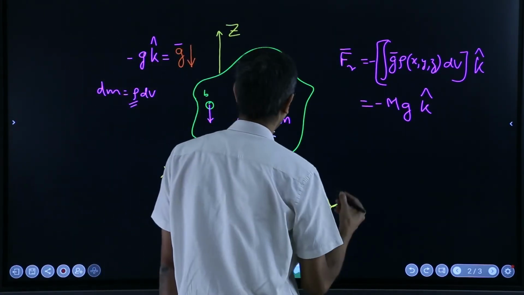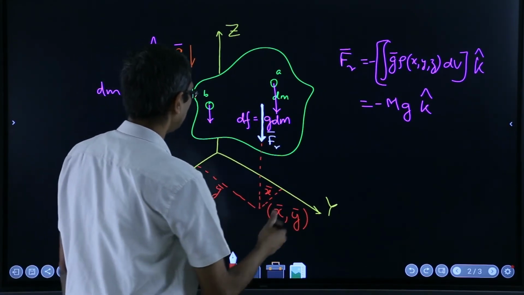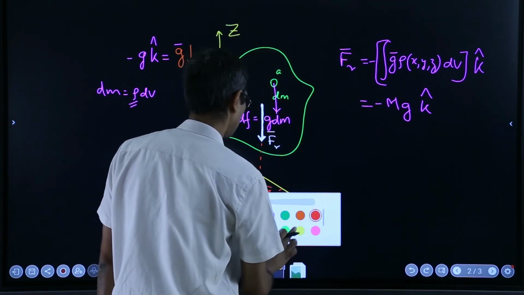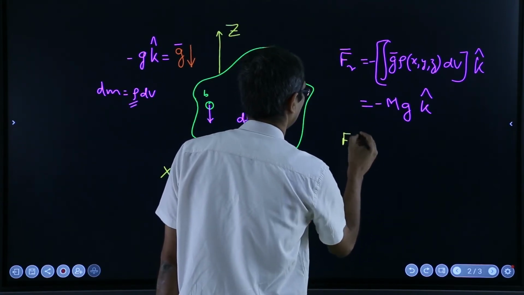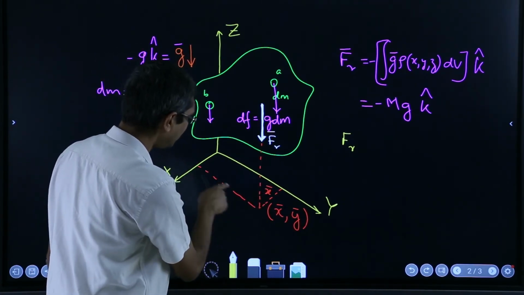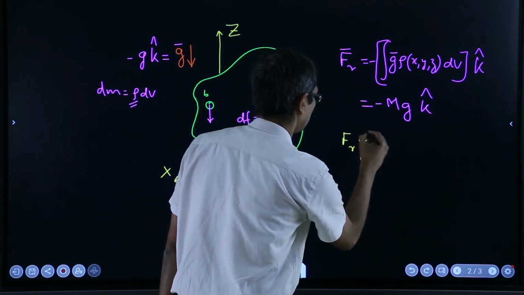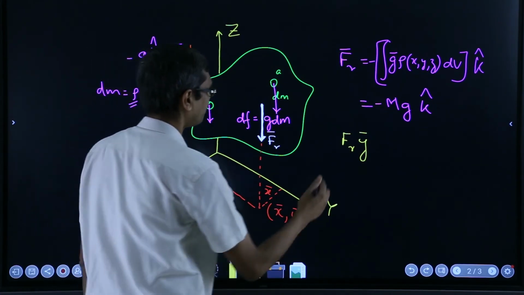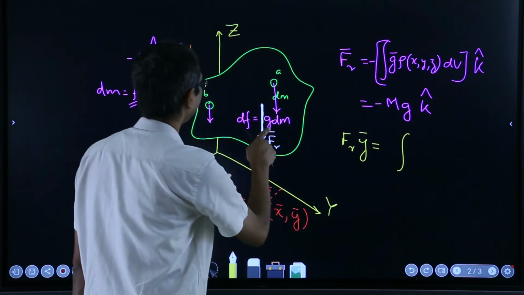So, that equation, how would I write? Say suppose I am taking the moment about say x, then what it would be? So, I will use say the yellow color only. Fr times, I am using just the magnitude now, times y, right. So, about this x axis is equal to integral of what?